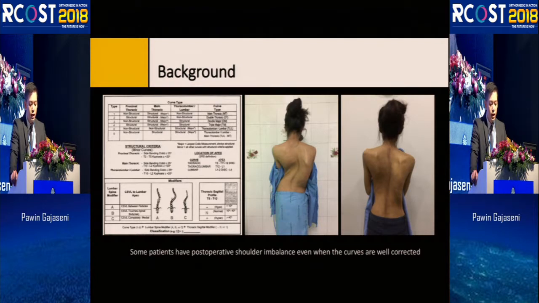This is an important aspect because the significant corrective capacity of the spinal instrumentation may lead to worsening shoulder imbalance postoperatively and lead to an unsatisfactory aesthetic outcome.